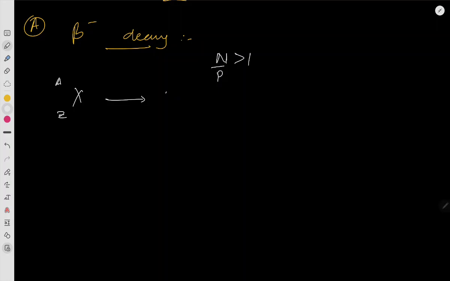And how does this happen? There's an ejection of an electron. Okay, we understood it. So what would be the y? By conservation it will be A, Z plus 1. We are just conserving the masses, nothing else. This is an easy, important equation to know.